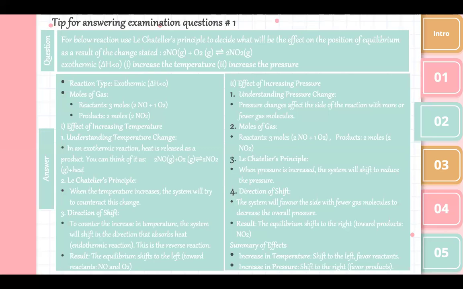Tips for answering examination questions. For the reaction below, use Le Chatelier's principle to decide what will be the effect on the position of equilibrium as a result of the changed state.